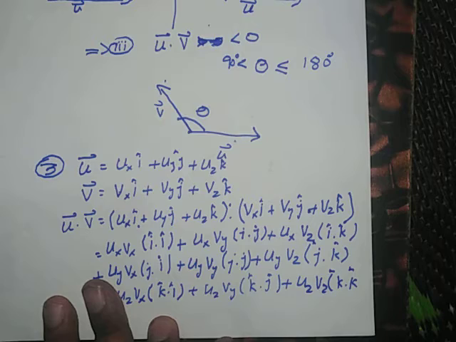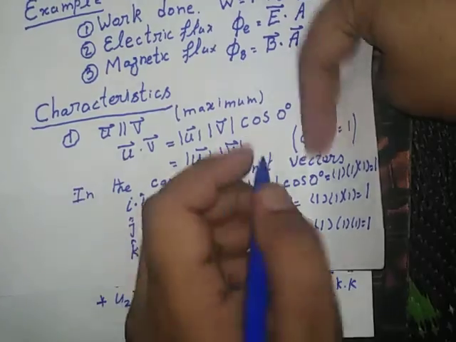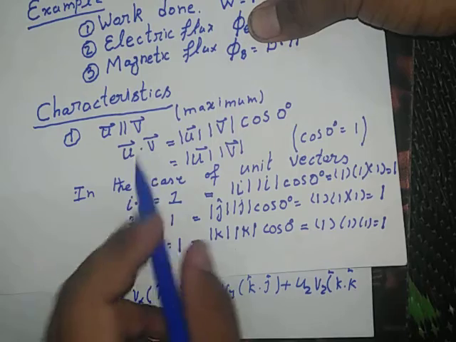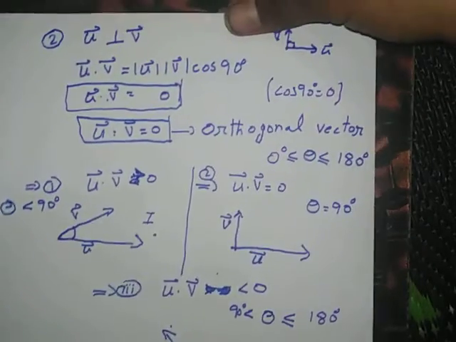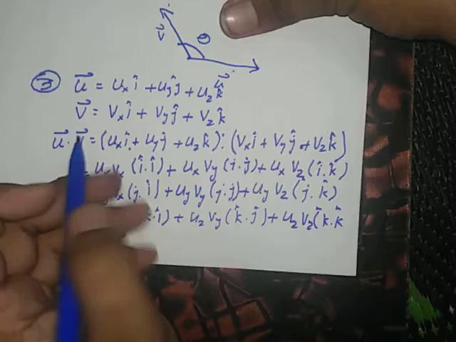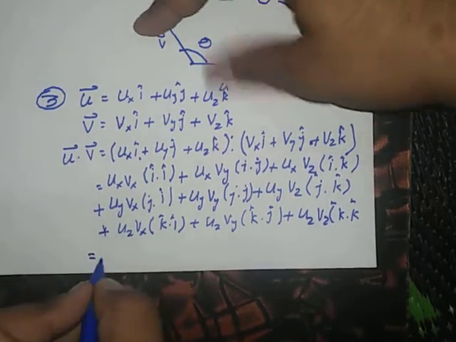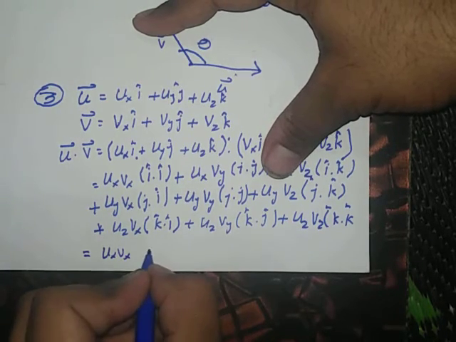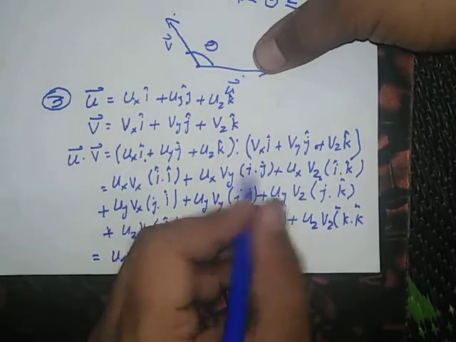As we saw in the first characteristic, if two vectors u and v are parallel, it means that i dot i, j dot j, k dot k are equal to 1, otherwise it is 0. So here i dot i is equal to 1, so ux vx into 1 is equal to ux vx, plus, what is the result of i dot j?